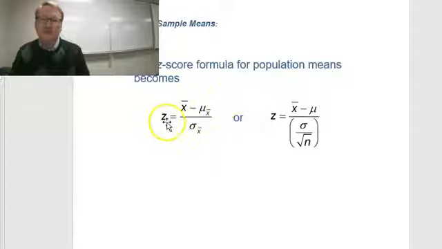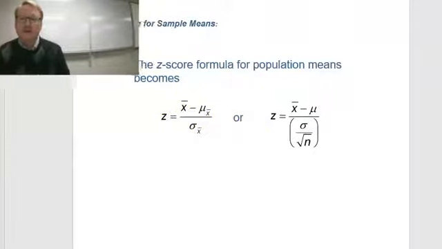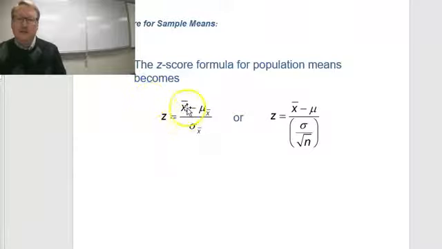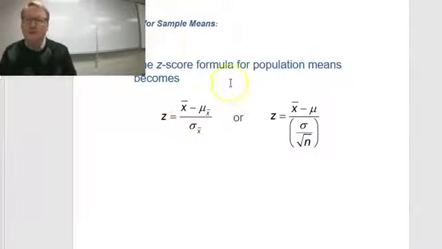So here's our z-score formula that we looked at. And here you'll see it's the mean of my temperature or my score compared to the population mean, right? So the z-score formula for population mean is what we looked at in the past, where we might have one average of my blood pressure compared to the normal blood pressure.